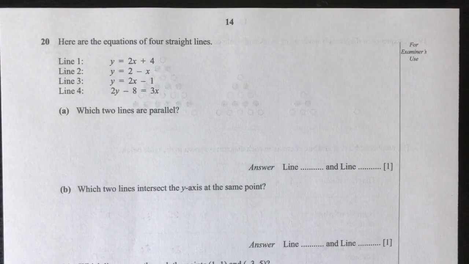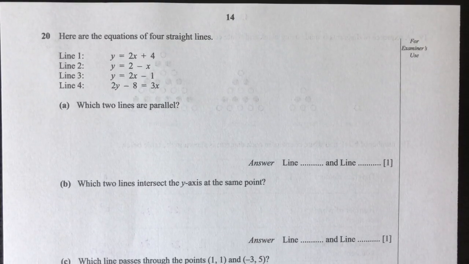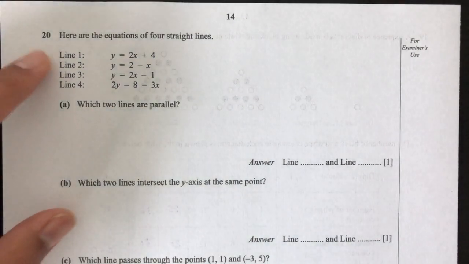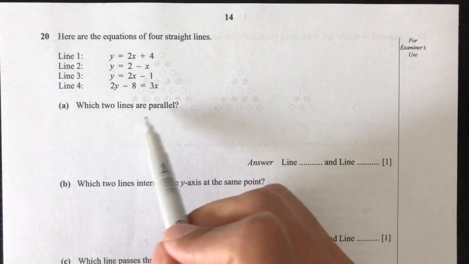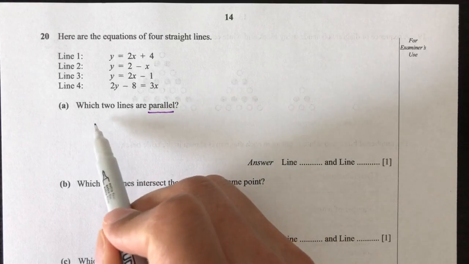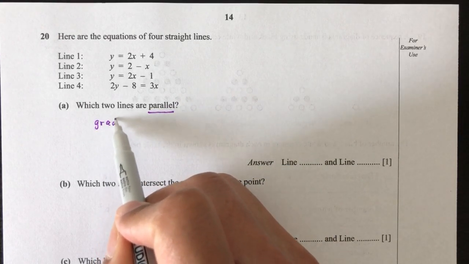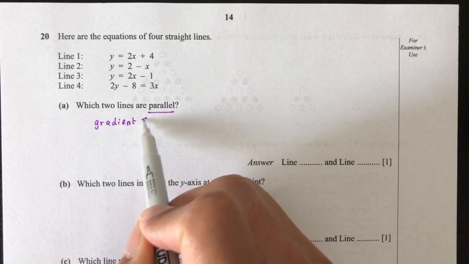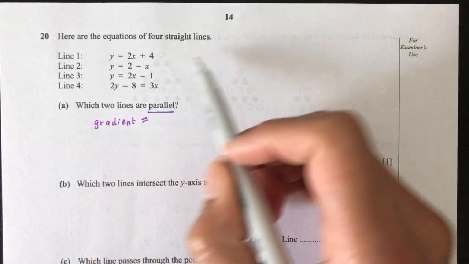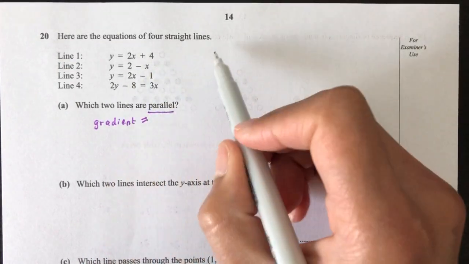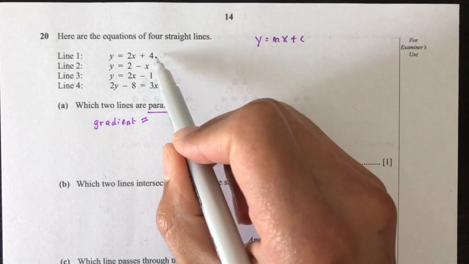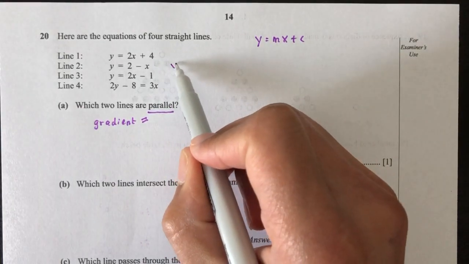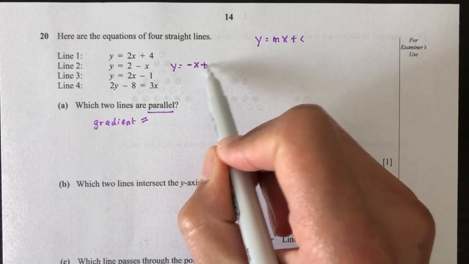Question 20. Here are the equations of 4 straight lines, line 1 till line 4. Which 2 lines are parallel? If you want to find parallel lines, you have to find the gradients. If the gradients are the same, it means that they are parallel. So let's write everything down in the form y equal to mx plus c. This will be y equal to minus x plus 2.